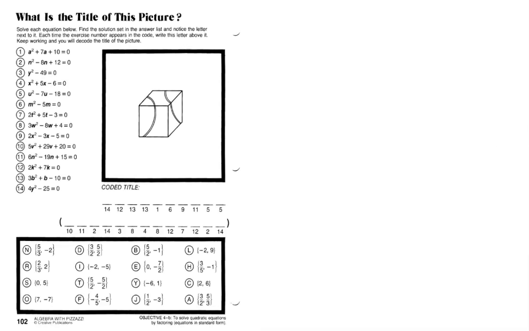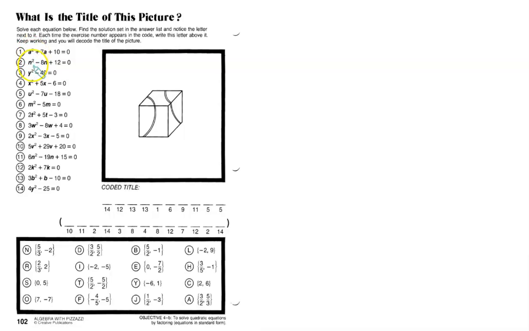Okay, so turn this over to the back. Go ahead, flip it really quick. On the back is this kind of puzzle. What is the title of this picture? It's kind of a weird cubey looking thing. To figure out the title, you've got 1 through 14, and notice that they are all quadratics.